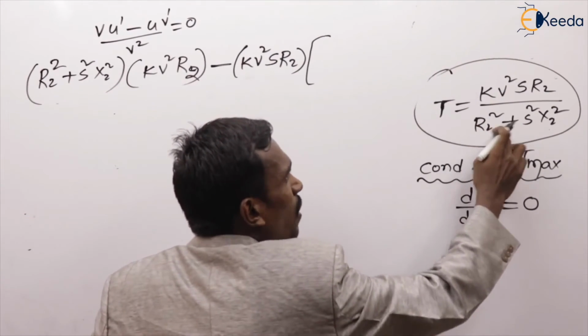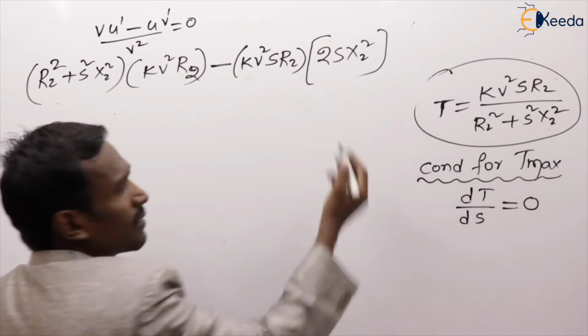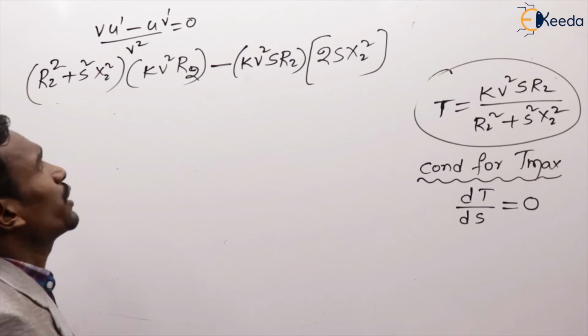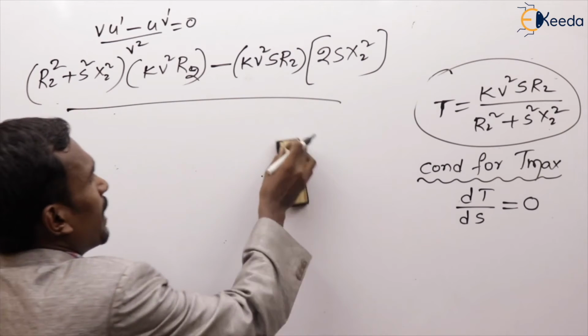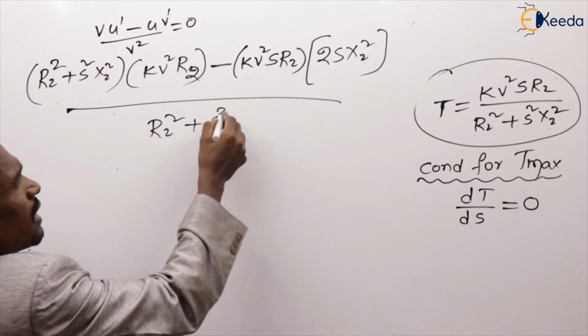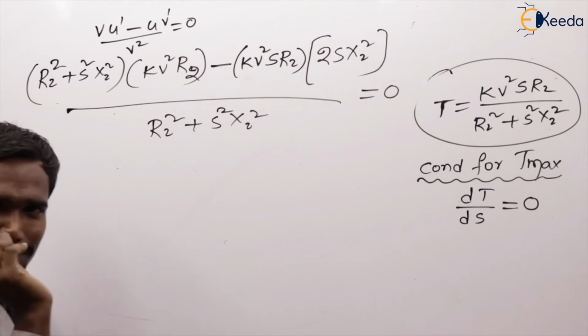This is 0 and this is 2S into X2 square. Then divided by V square, where V square is R2 square plus S square X2 square, equal to 0.